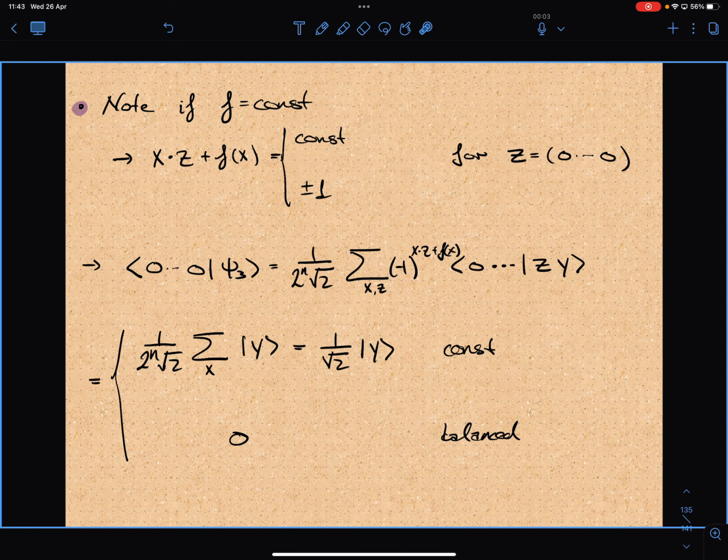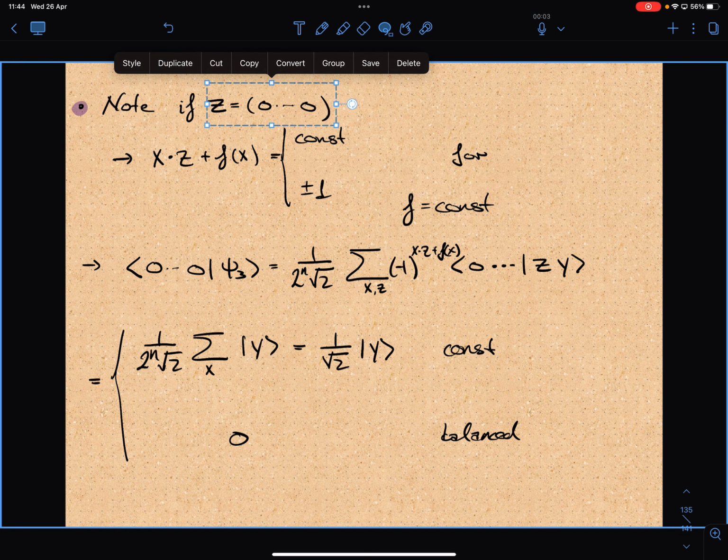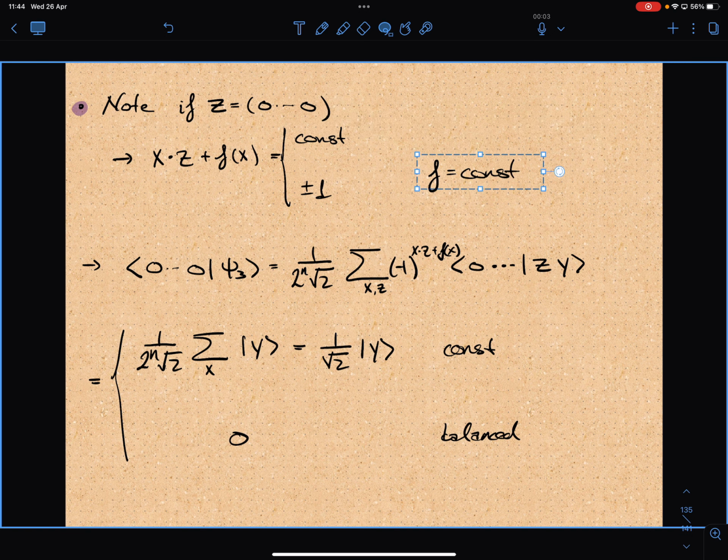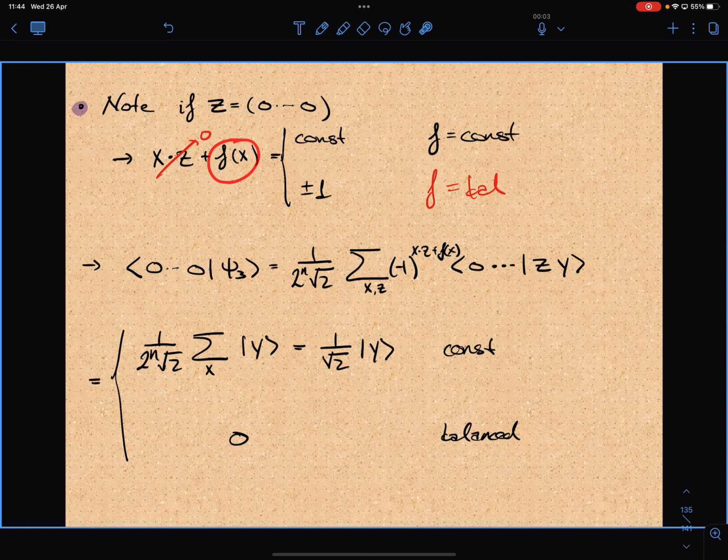So the first thing to note is this: if z is equal to 0, 0, 0, and f is constant, and f is balanced, the two cases, if z is equal to 0, 0, 0, then this is going to be equal to 0, and this is going to be constant, whatever constant value f is.